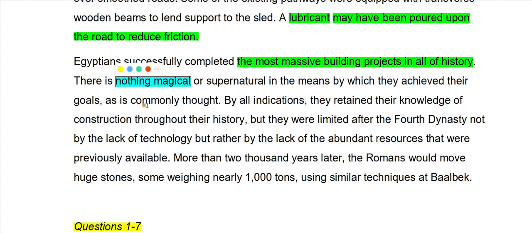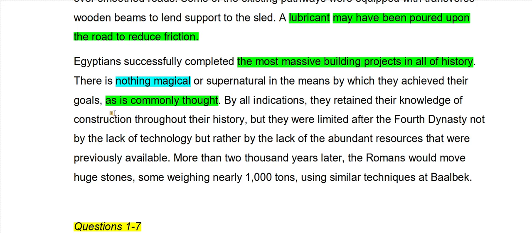But these words are the most important in your context here. So what the statement is saying, there is nothing magical or supernatural in the means by which they achieved their goals.